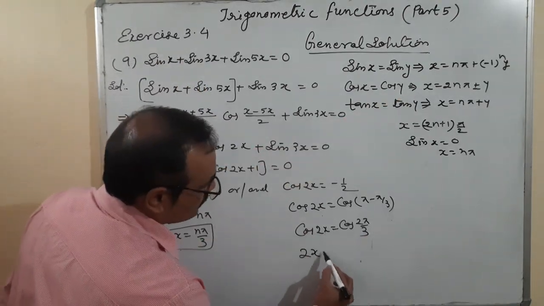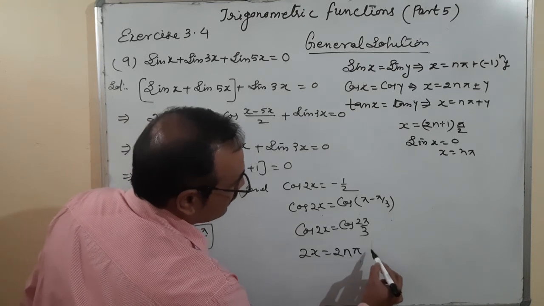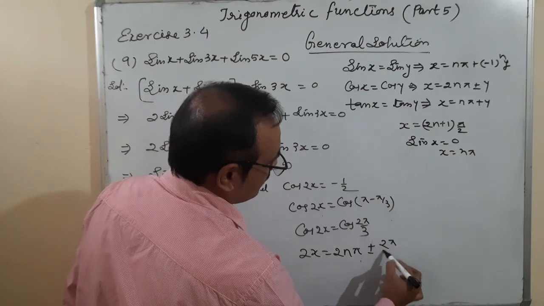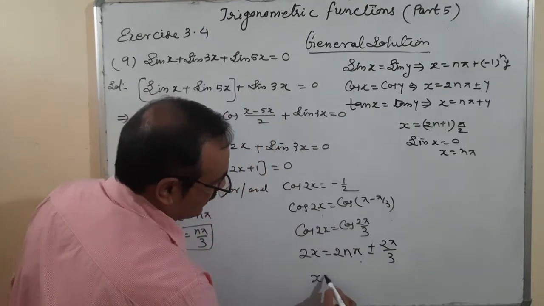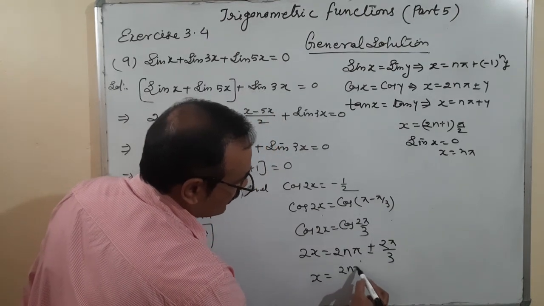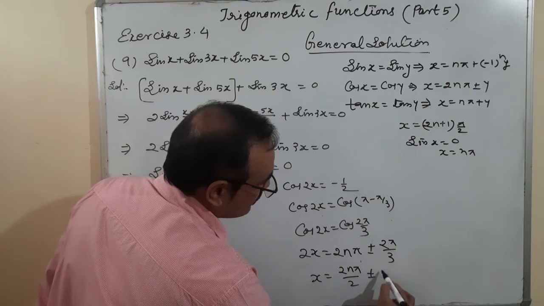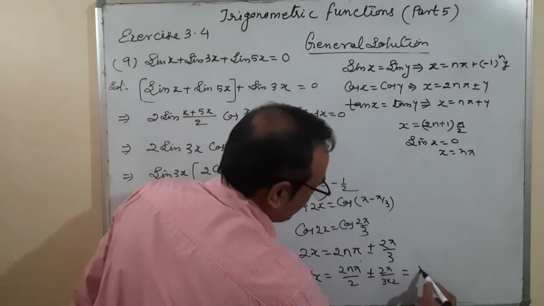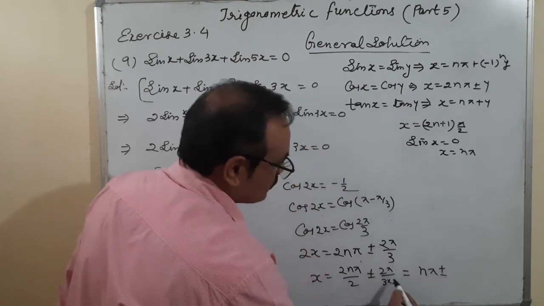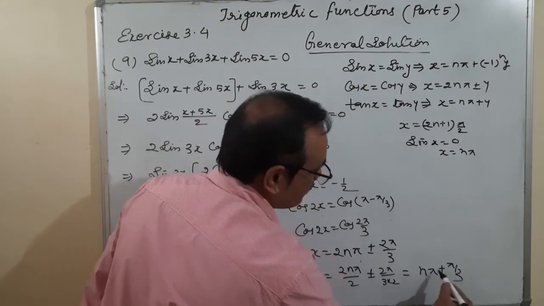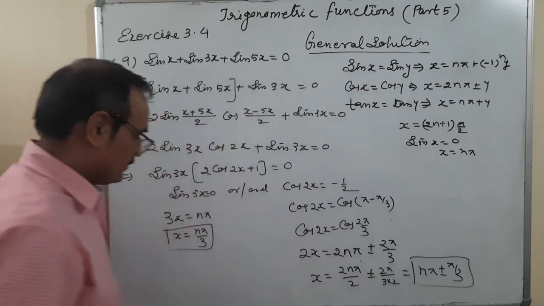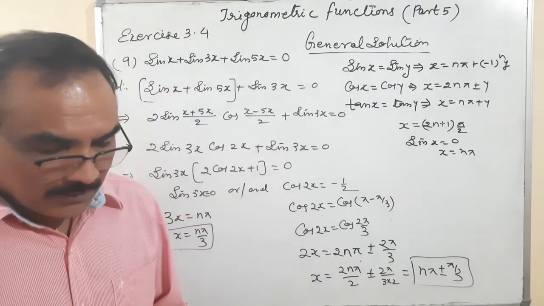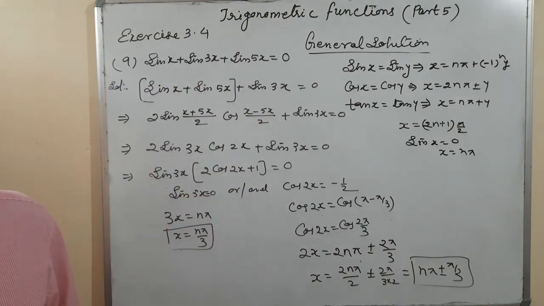So 2x is equal to 2n pi plus or minus 2 pi by 3. Therefore x is equal to 2n pi by 2 plus or minus 2 pi by 3 into 2, that is n pi plus or minus pi by 3. This is the second value.